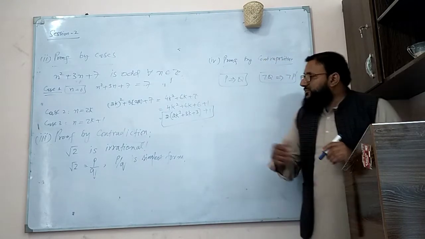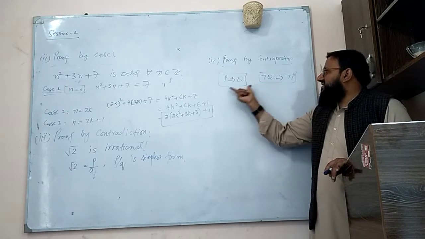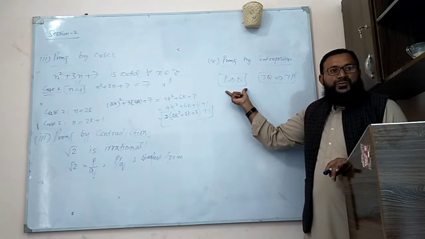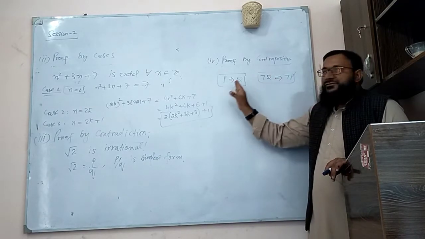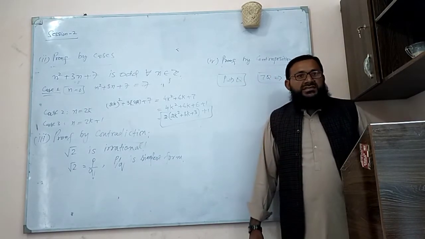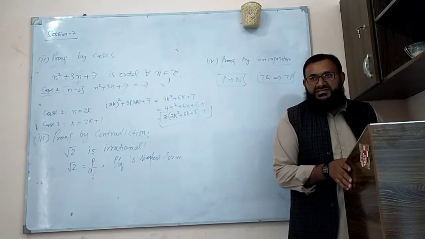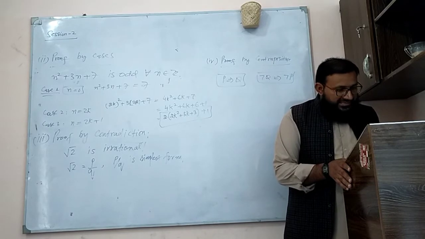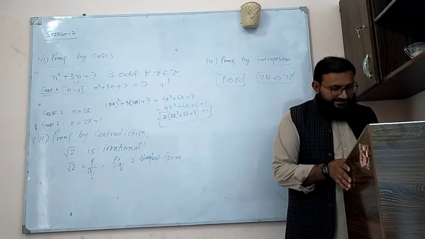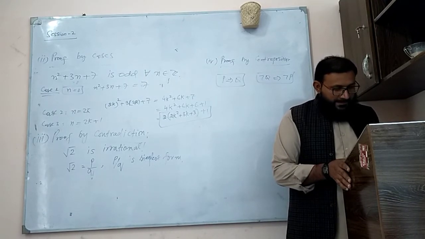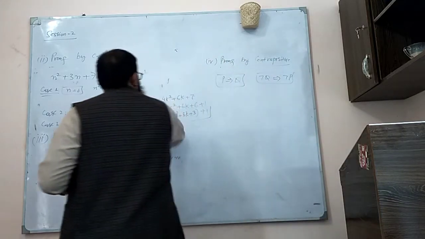If we are able to prove this, it means the original is proved too, but sometimes it is not easy to prove the original statement, so we prove this one. If this is true, obviously the statement would be true. As I told you earlier, the contrapositive of a statement is equivalent to the statement itself. So, any example of proof by contrapositive? Let me do it here.